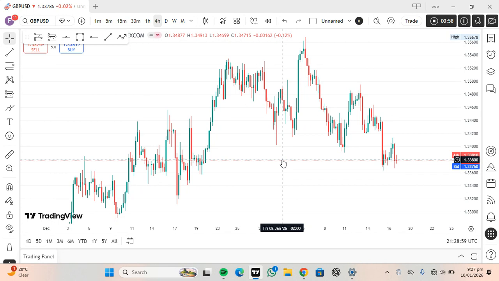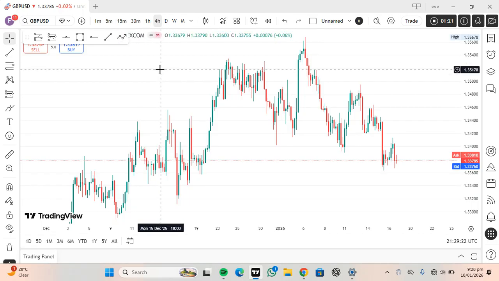What the top down analysis entails is just moving from the highest time frame to the lowest time frame, trying to find the bias of the market. For example, as a day trader, when you do a top down analysis, you might start from the weekly time frame or the daily time frame down to the 5 minute time frame or the 1 minute time frame. So that's basically what the top down analysis is about.